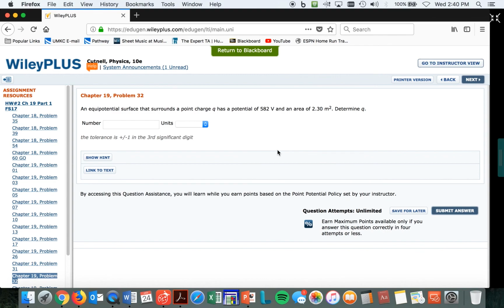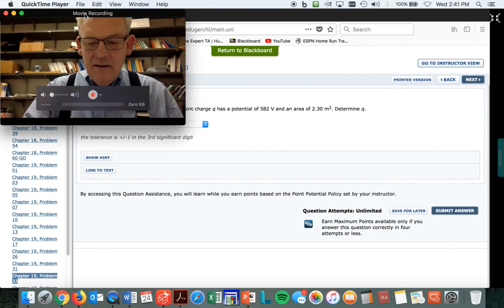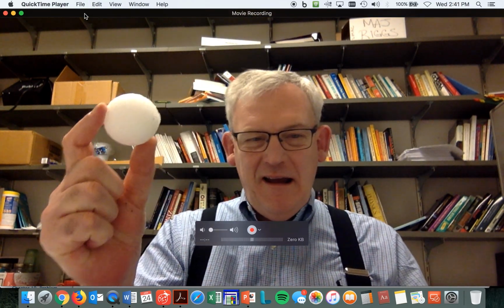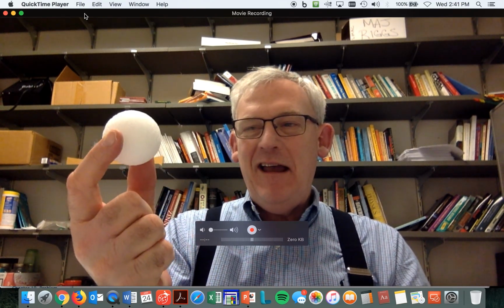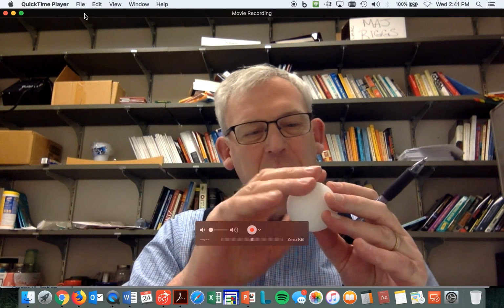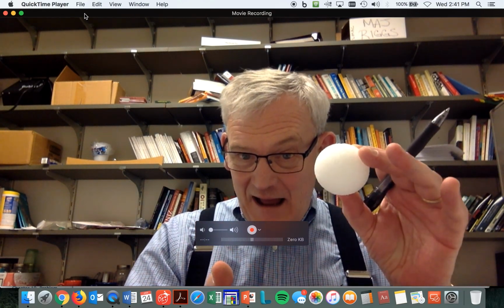Okay, here's problem 32. Now, an equal potential surrounds a point charge. Aha, I brought a visual. Okay, so inside this guy, the electric potential is all the way around, and it's the same all the way around the outside of him.